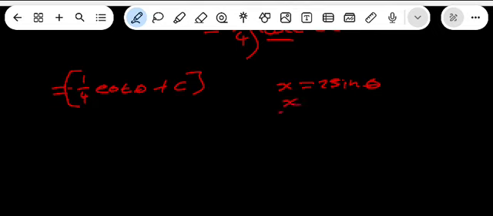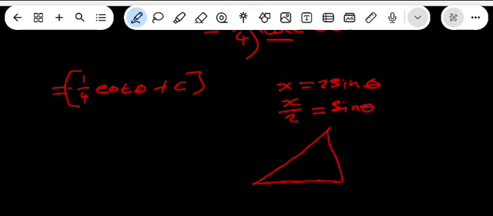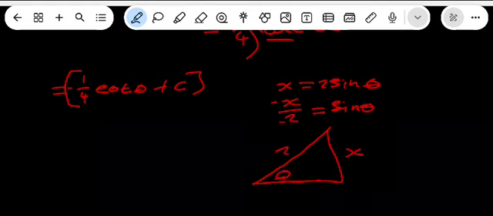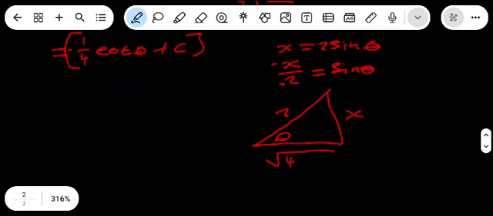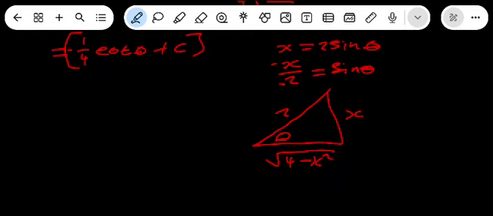We'll have x over 2 equals sine theta. So forming a triangle, the opposite is x, the hypotenuse is 2. We have our theta here. Then take the Pythagoras theorem. We'll have the square root of 4 minus x squared.